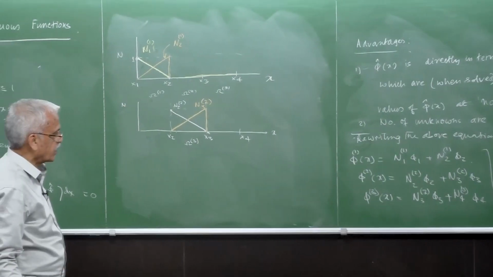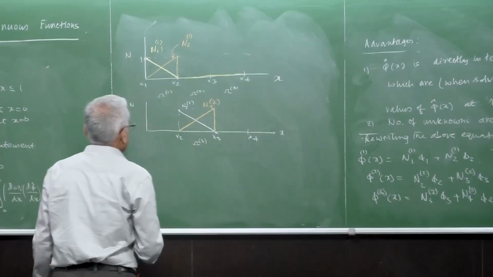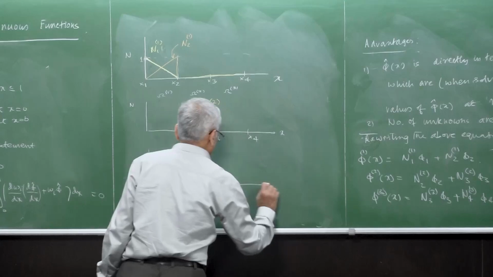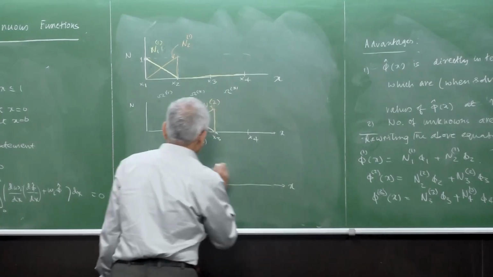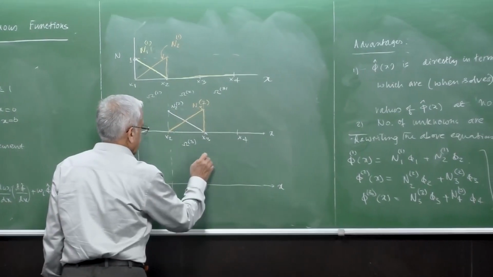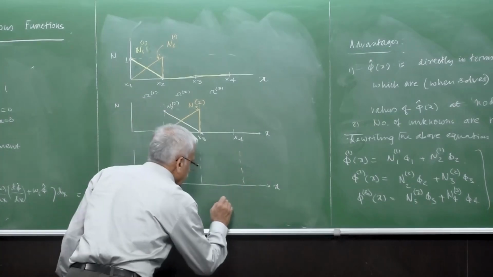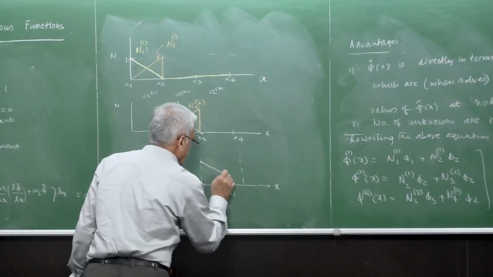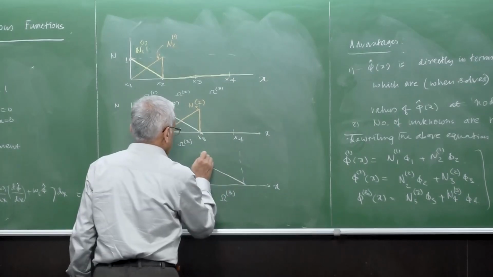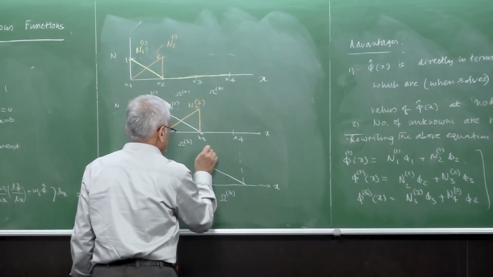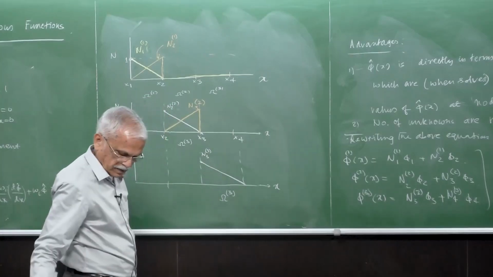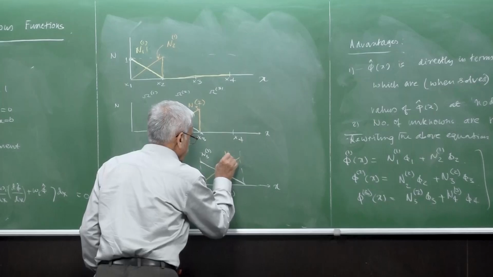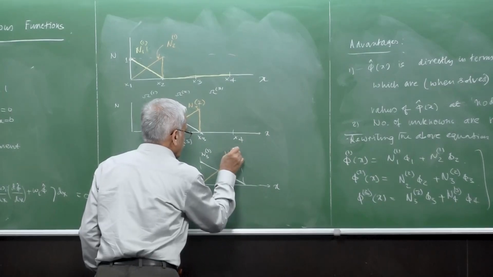So this is for phi 2. So similarly we can continue, and in zone 3 we have this N3 in zone 3 and N4 in zone 3.